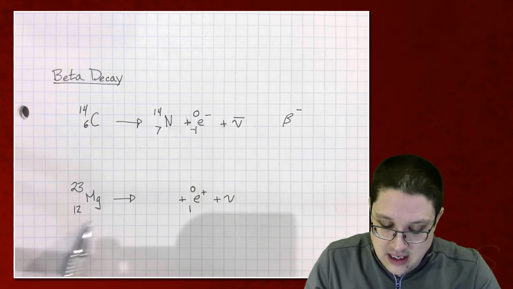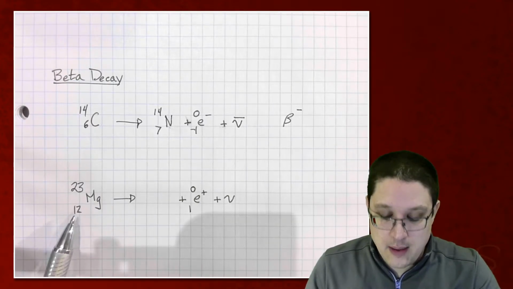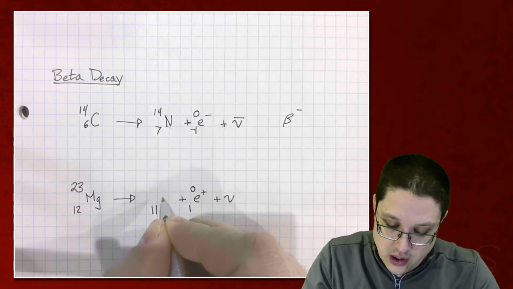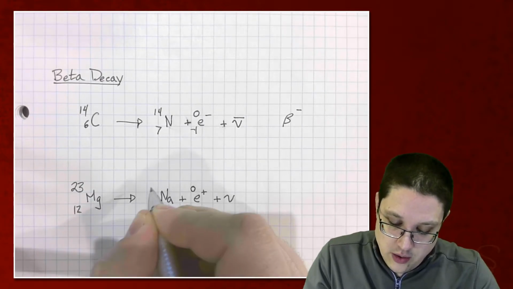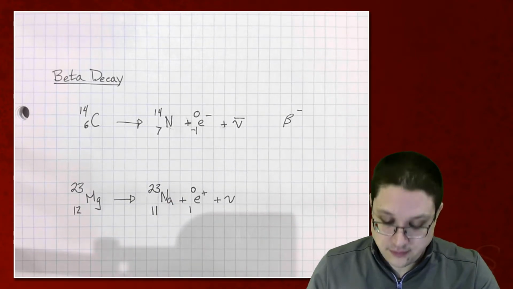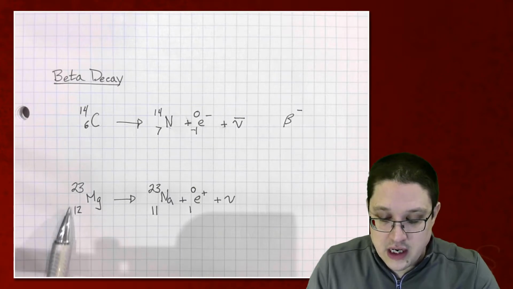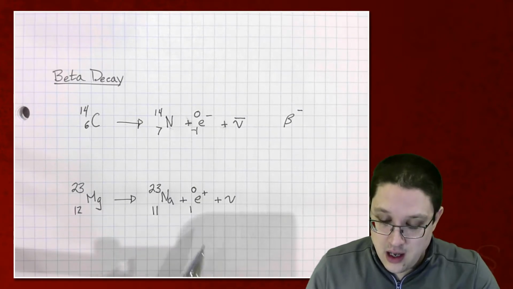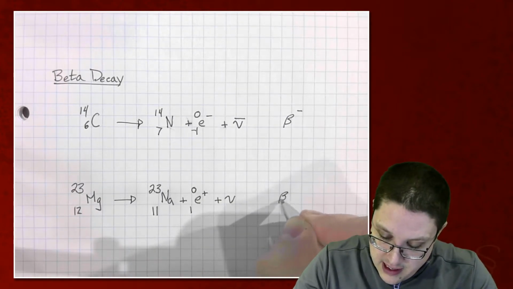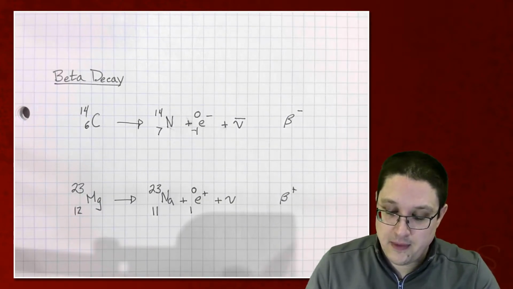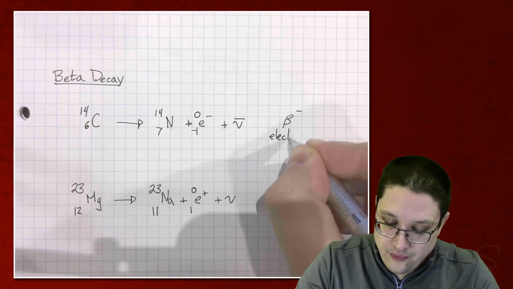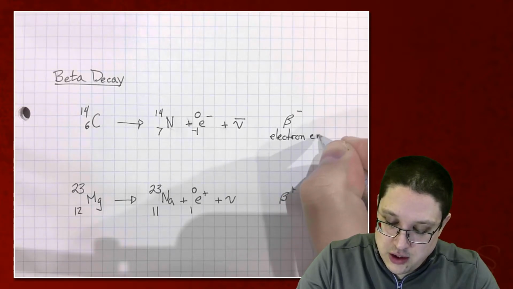And this here is like a proton turning into a neutron. So I have 11 protons, which would be sodium, and I have a mass of 23. So my magnesium-23 underwent beta positive decay to become sodium-23. So this is beta positive decay. Beta negative decay is also called electron emission.